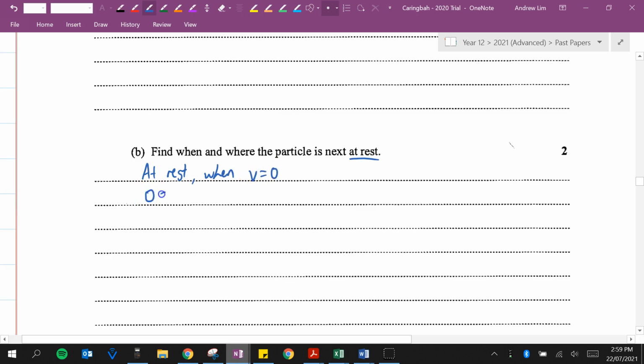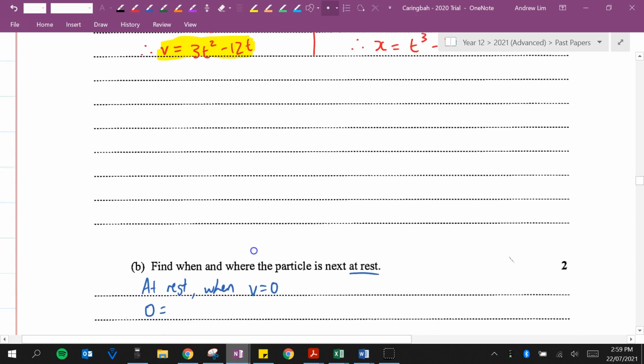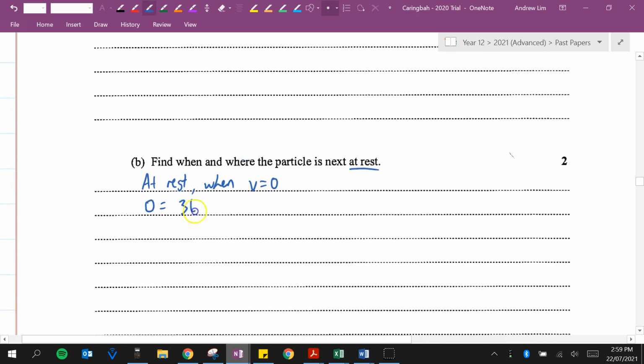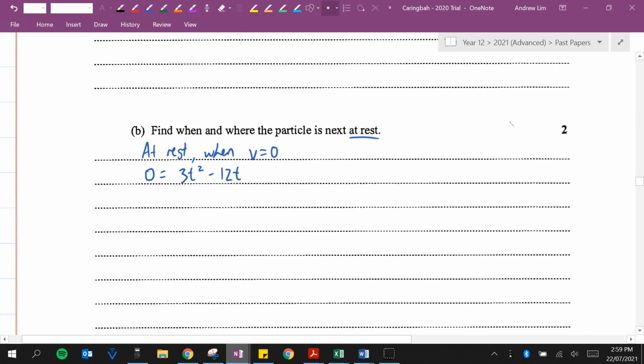So we've got 0 is equal to 3t squared minus 12t. Just going to factorize this. 3t bracket t minus 4. And therefore t has to equal 0 or 4. Well, we already knew that it was at rest at t equals 0 because of the question.